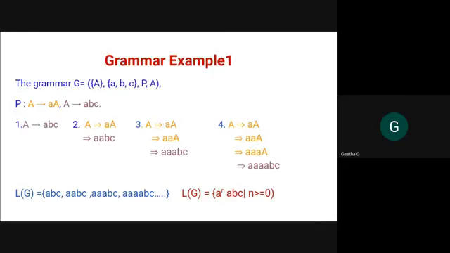A tends to small a, capital A. A tends to small a, small b, small c. Is that clear? Please type it in your chat box. If you understand the grammar, you can proceed with the next part. Thank you. Any other questions? Is that clear?